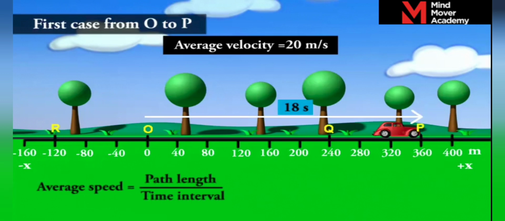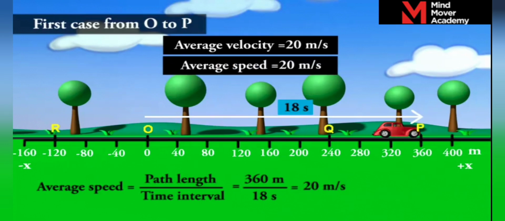Average speed is equal to path length upon time interval, equal to 360 meters upon 18 s, equal to 20 meter per second. Average speed is equal to 20 meter per second. Thus, in this case, the average speed is equal to the magnitude of the average velocity.